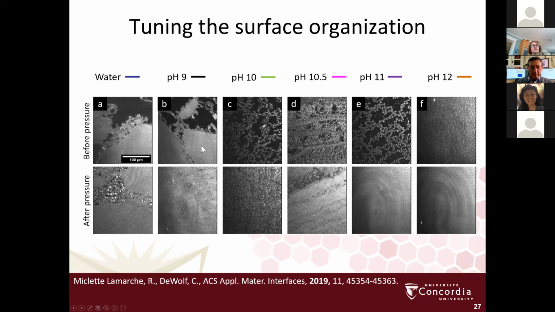And by pH 10, we see the breakup into small domains that form these chains. Again, they resist coalescence, which we presume is because the domains are now adopting a charge, and that charge repulsion is preventing coalescence. But suddenly that doesn't seem to hold when we get above pH 10.5. We see these chains forming again at 0 millinewtons per meter, and a very low contrast film at pH 12.